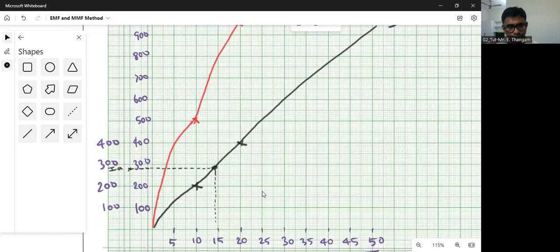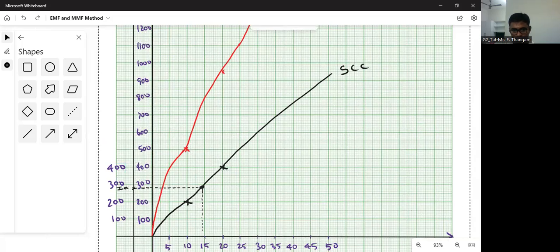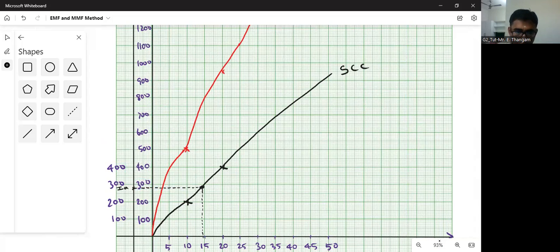That value you extend to get the corresponding IF value, the corresponding field current. The same point we need to project to the open circuit curve, with a straight line, then it will be better, right?